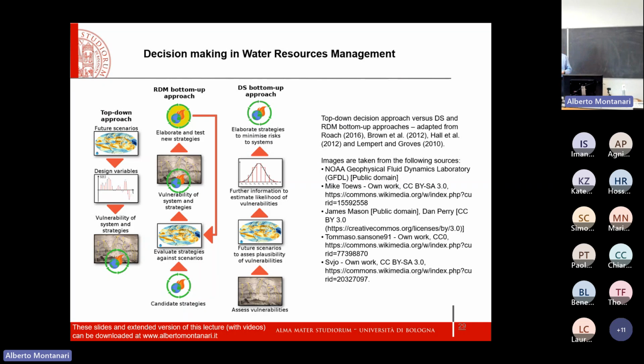For instance, if you have a land that is very steep, you need a different hydrological model with respect to a land that is very flat. So you don't have to be surprised that, basing on your case study, the context, and the problem, you have several possible methodologies to identify solutions.